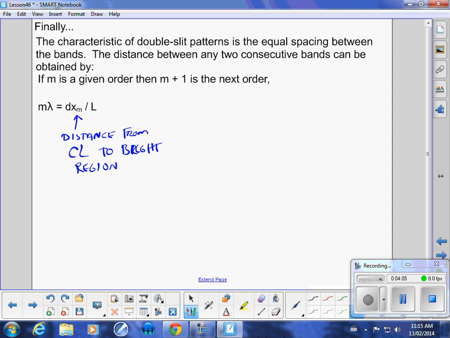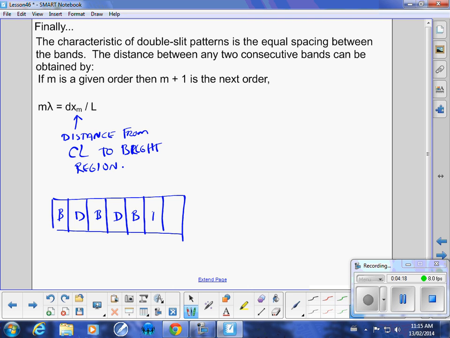So what happens if I want to know the distance from one to the next? For example, if we take a look at the screen, this is what I'm talking about here. I have bright, dark, bright, dark, bright, dark. How far is it to the next bright fringe, or the next bright region?